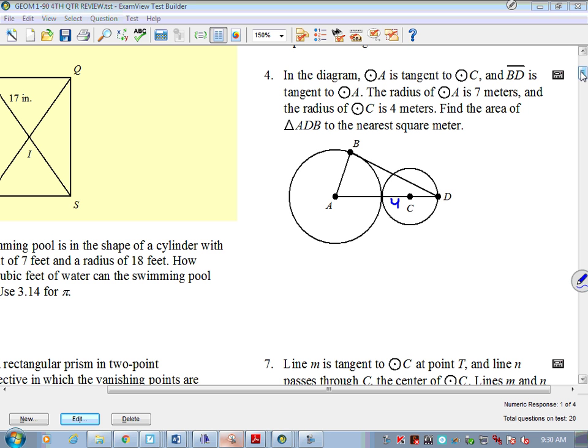Is that the only radius on that circle? Okay, perfect. So he's absolutely right. The diameter of circle C would be what then? Would be 8. What else do we know? Caleb. The radius of circle A is 7.